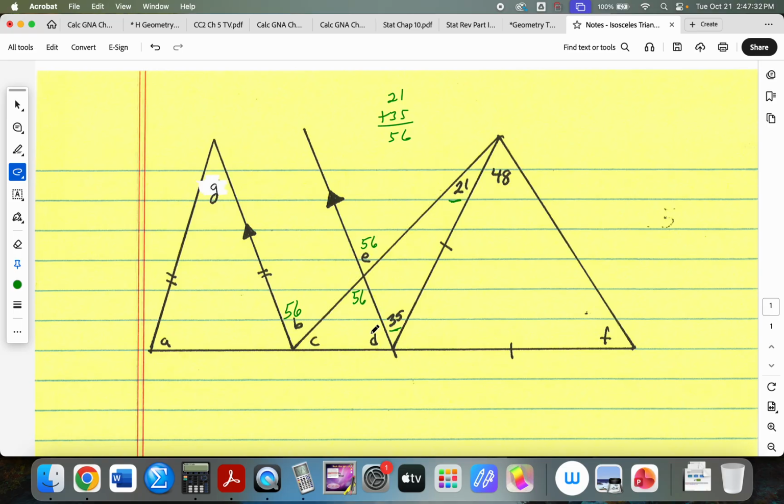And if you subtract 56 from 180, we can find the linear pairs are 124. So each of these angles is 124. And that's as far as you can go with that piece of information.